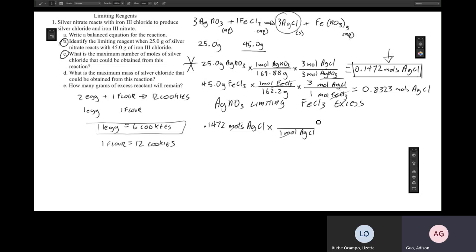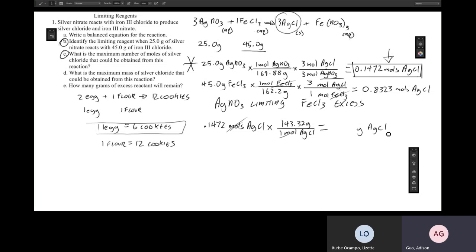Now for every 1 mole of silver chloride, there are 107.87 plus 35.45, 143.32 grams. Let me just double check that. Silver chloride molar mass. Yep, that's about correct. So doing this, we cancel out the moles over here, and we're going to be left with grams of silver chloride.